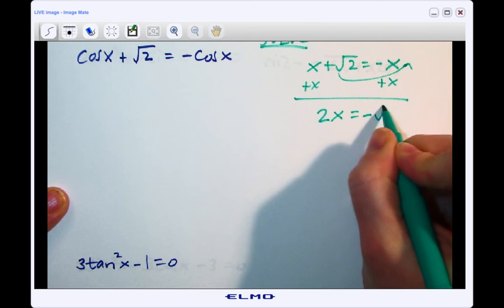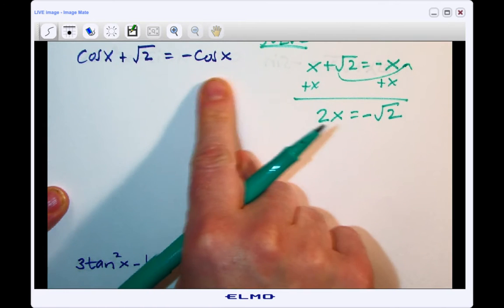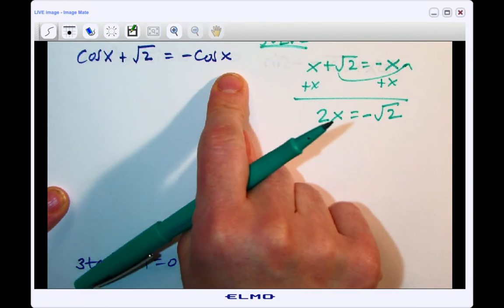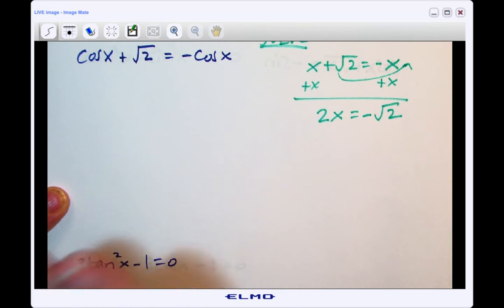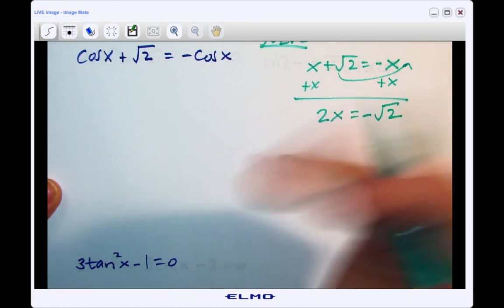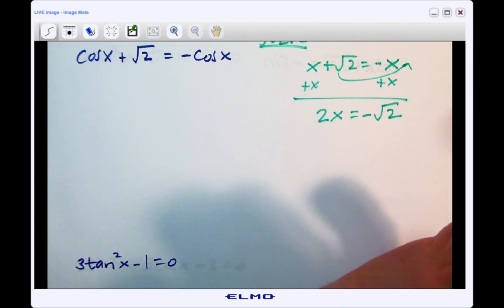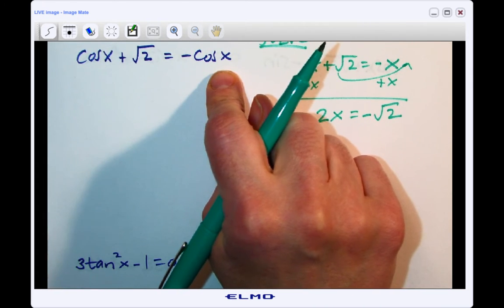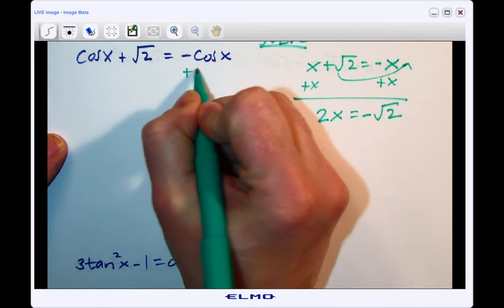So if I'm thinking about a trig equation, I'm going to be doing that same thing. I'm going to be thinking about the trig expression as the variable, and I'm going to worry about figuring out the value of x after I get it solved for the trig expression, or the trig function. So I'm going to do the same thing I would have done over here. I'm going to add cosine to both sides.